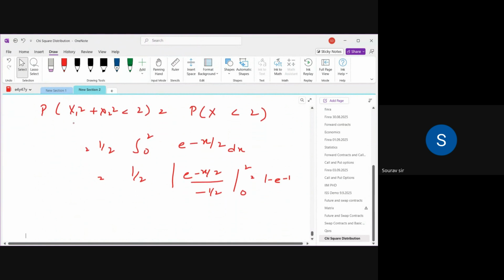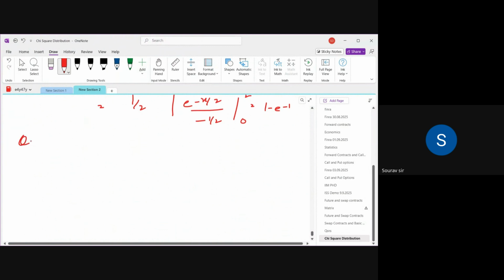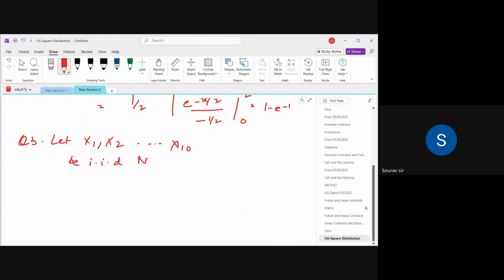If a question comes like, let x1, x2 till x10 be independently and identically distributed N(0,1) random variables.